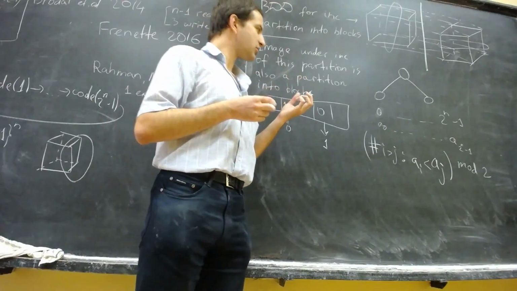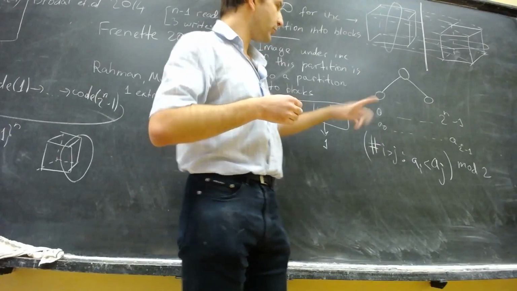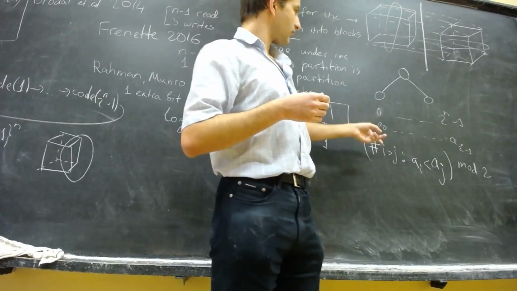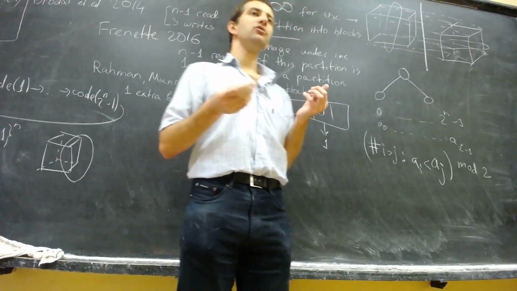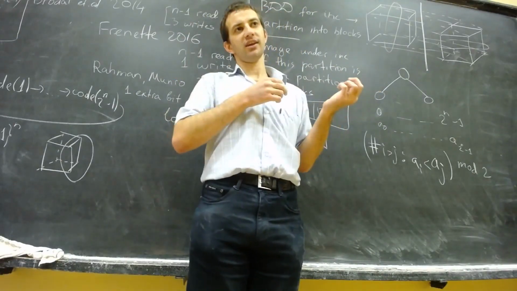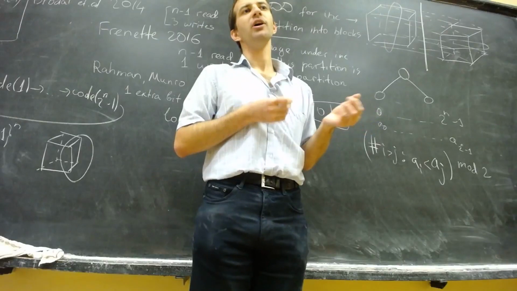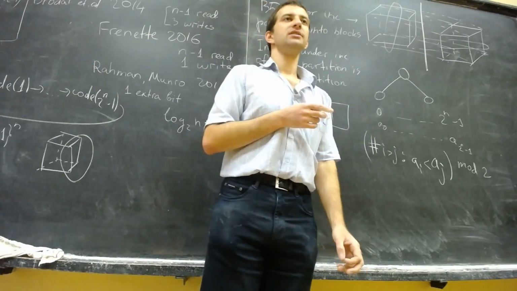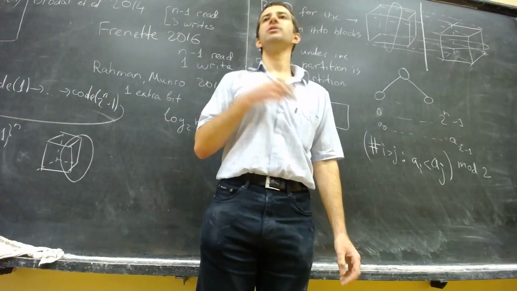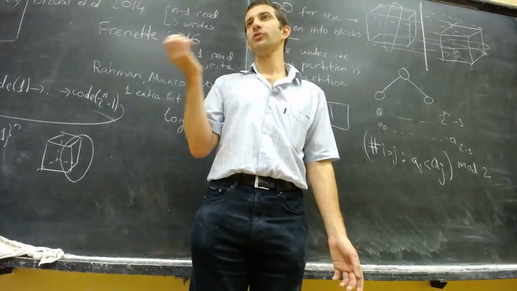Well, what is a permutation? It is just a way to enumerate all the points in the hypercube, or enumerate all the codes. What ways of enumerating all the codes do we have?